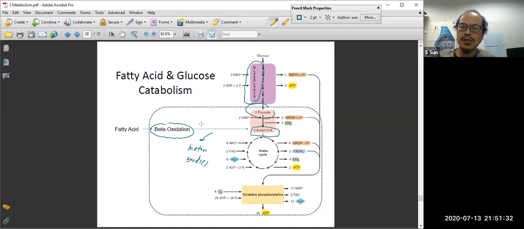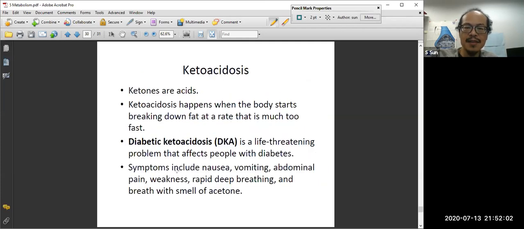But for some patients or some diseases where they cannot effectively use glucose, they will have to fully depend on the fatty acids. And in that situation, they will have an accumulation of ketone bodies, which may lead into the blood, increasing the blood acidic level. And this condition is commonly seen in patients with diabetes.